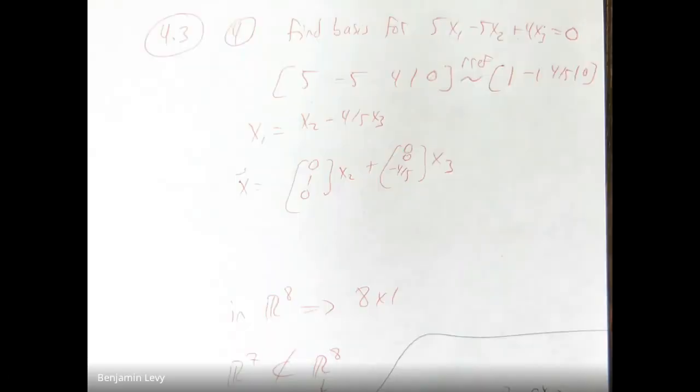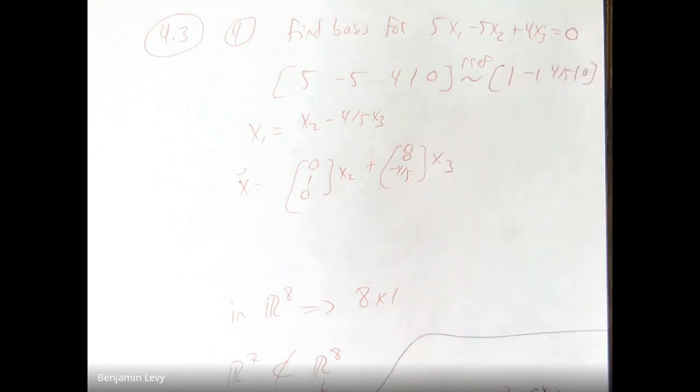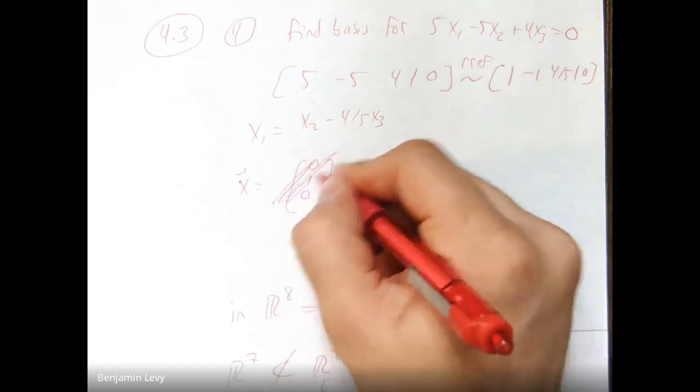I think in my answer the 4/5 was on the top of the second vector. I messed up the way that you actually do this one. Sorry, I need to review how to solve systems. That's not how you do it.